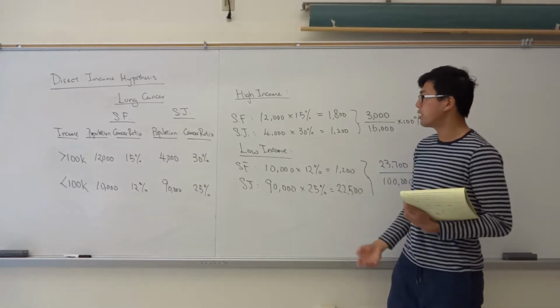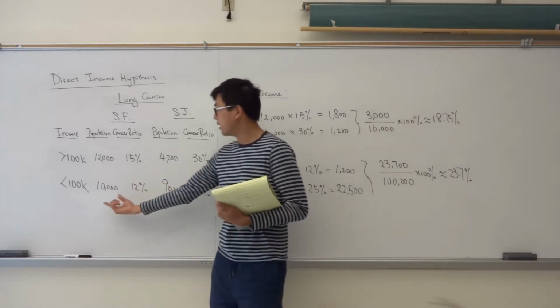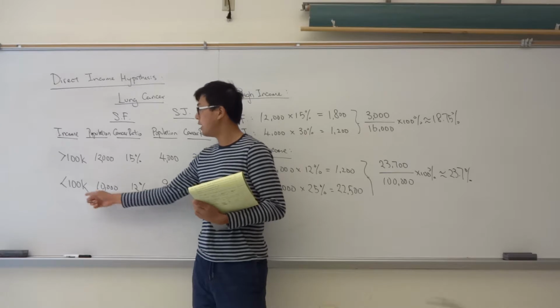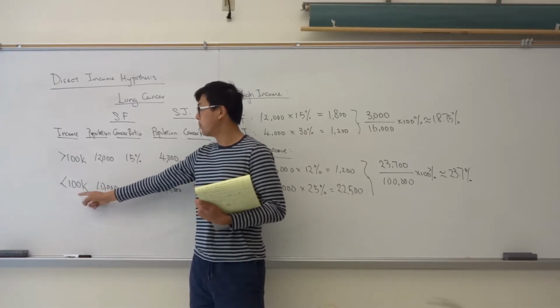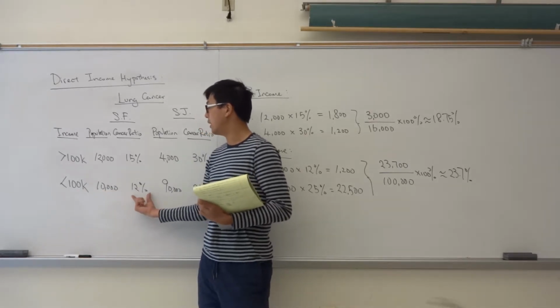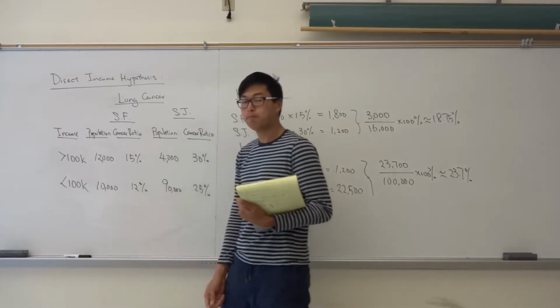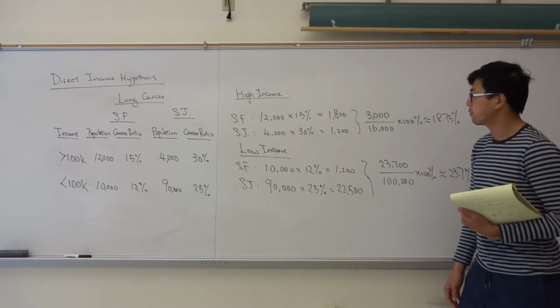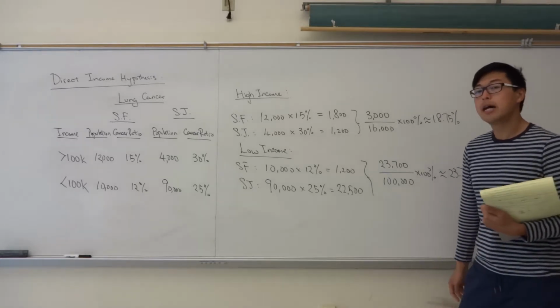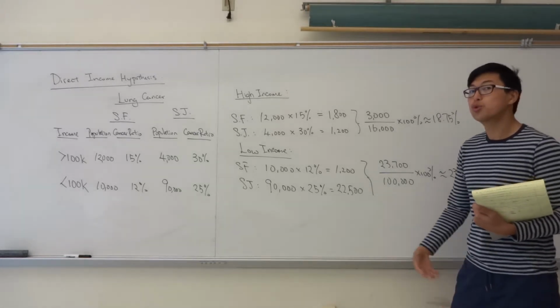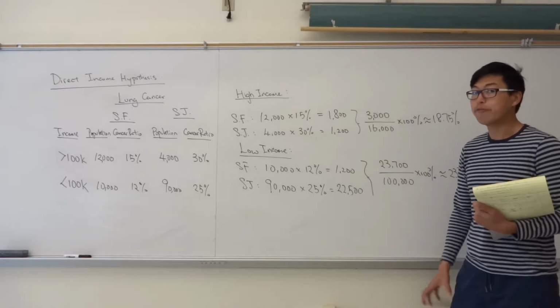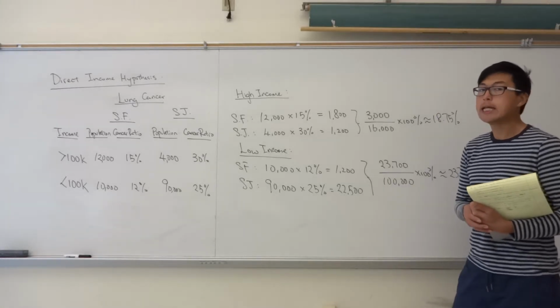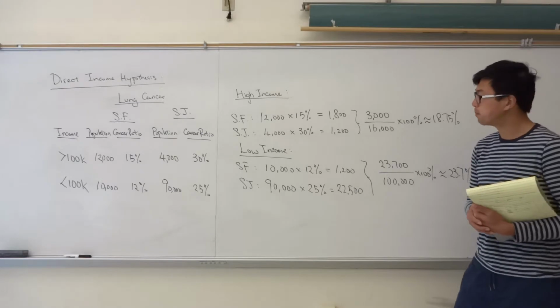You are basically using the total population in this income group multiplied by the cancer ratio in the table.